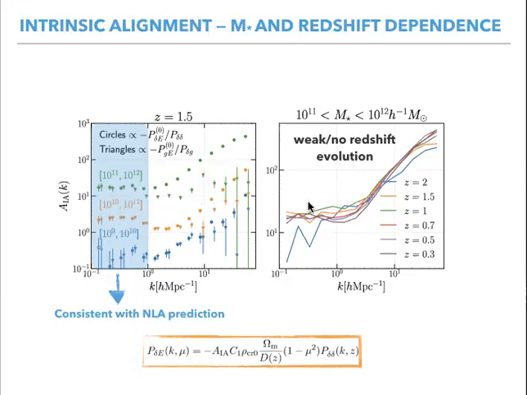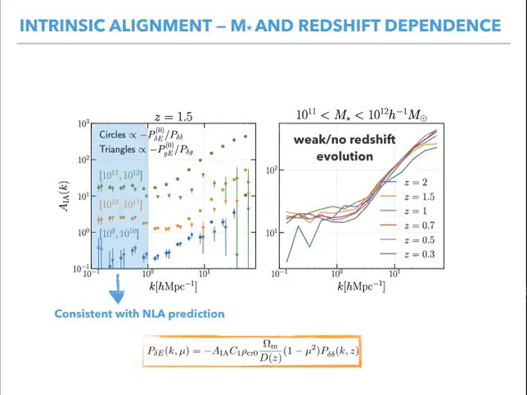We also found the intrinsic alignment signal is stronger for massive galaxies. Probably you all know this already. And we didn't find a strong redshift evolution, basically no redshift evolution.